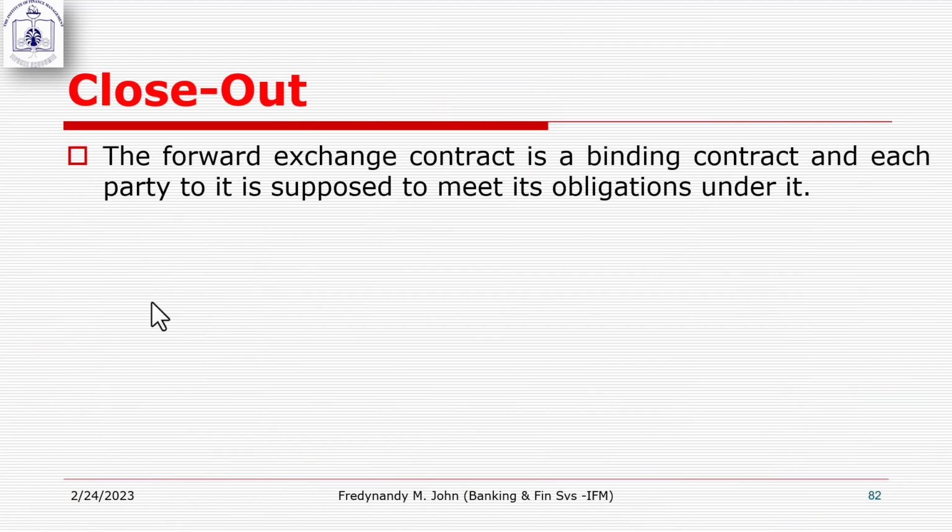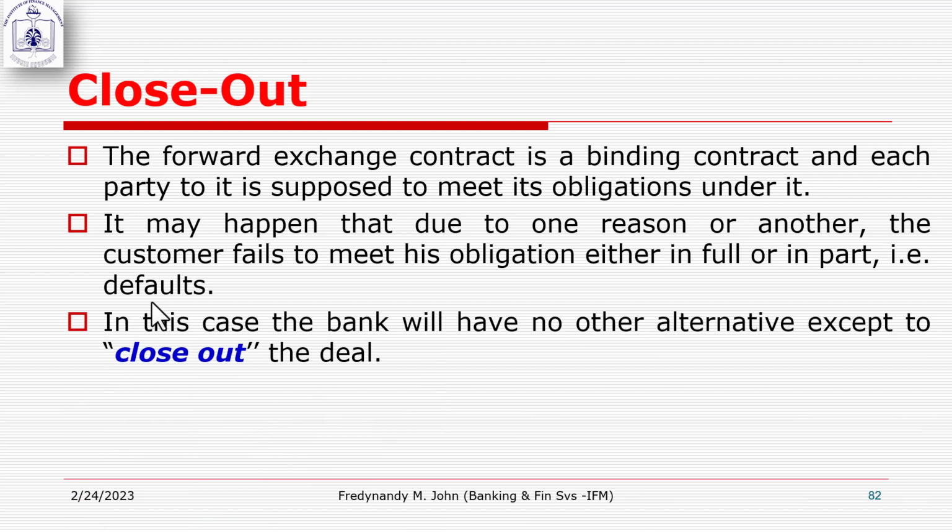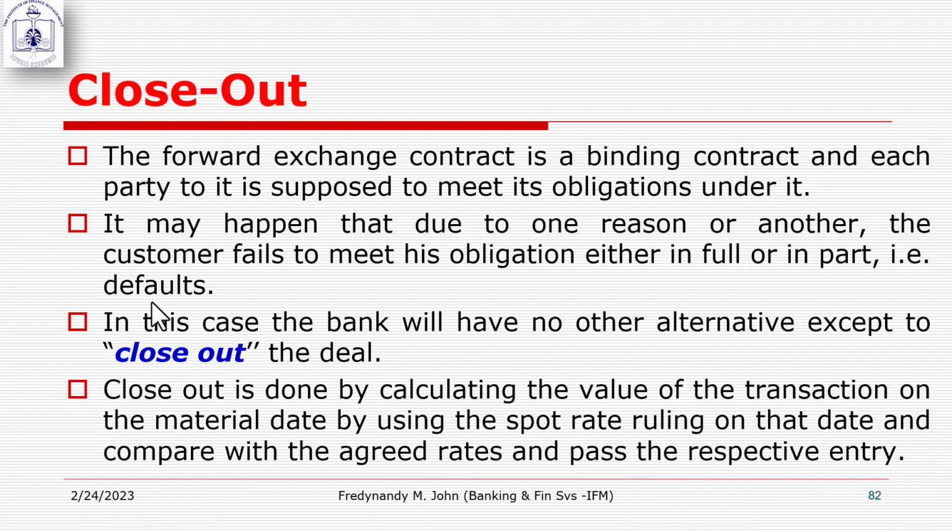The forward exchange contract is a binding contract, and each party is supposed to meet its obligation under such contract. It may happen that for some reasons, the customer fails to meet its obligation either in full or in part. Technically, we say this customer has defaulted. Now, in case of a default, the bank has no other alternative except to close out the forward contract.